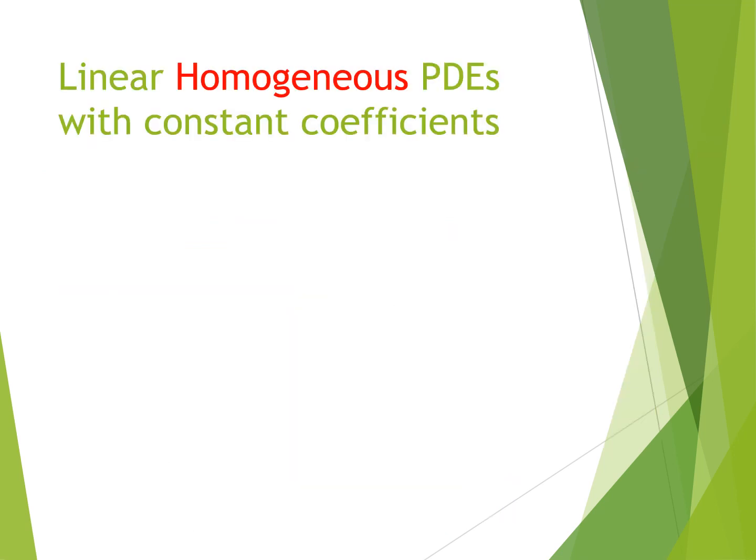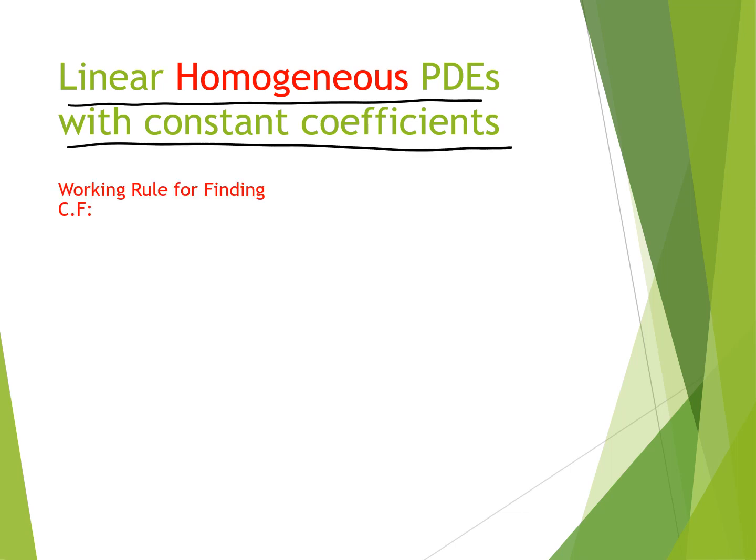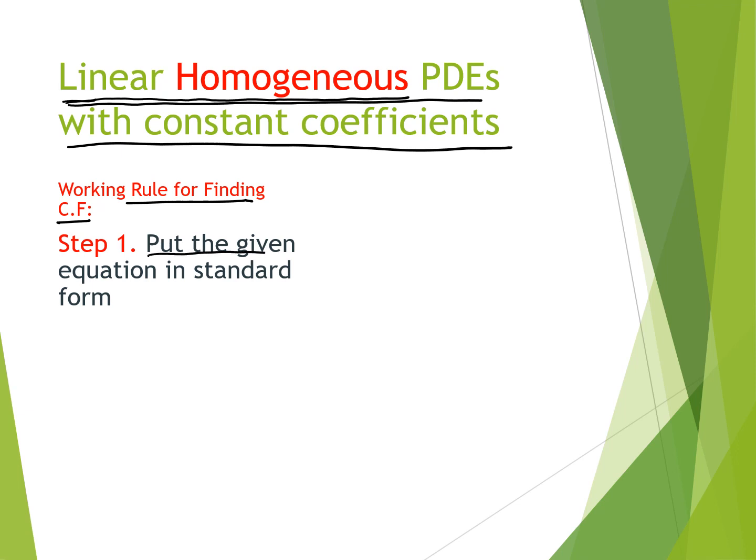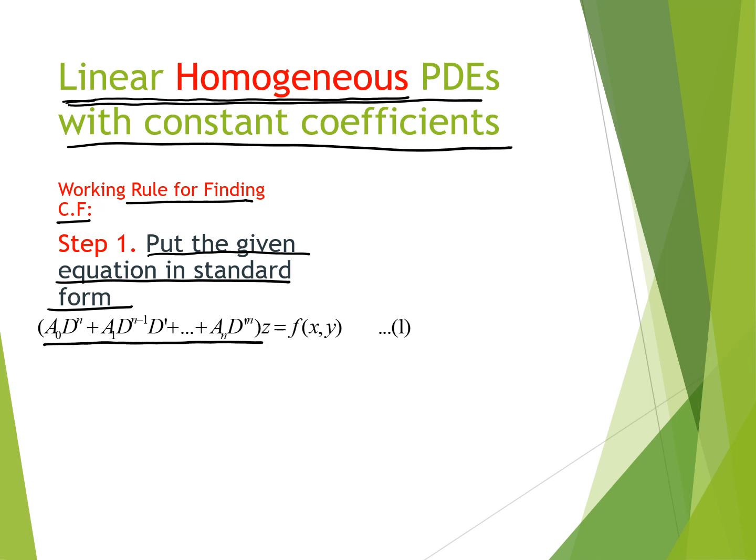Linear homogeneous partial differential equation with constant coefficients. Over here we are going to find the CF. The rule to find the CF for the linear case, that means the derivative and the dependent variable have degree 1, with constant coefficients. Step 1: put the given equation in standard form. Standard form means converting the equation in descending powers of D, because this is a partial differential equation.